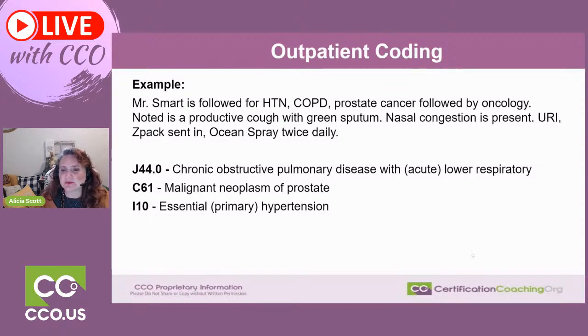And also, don't worry about it being lower respiratory infection versus upper respiratory infection. And then next, the most severe out of the other 2 would be the fact that the patient has prostate cancer, C61, and oh, by the way, they do have hypertension.